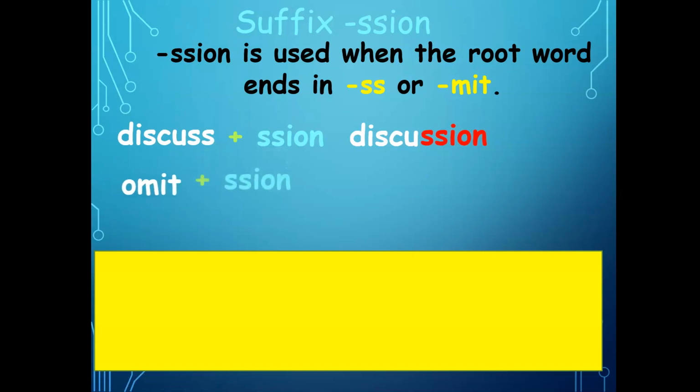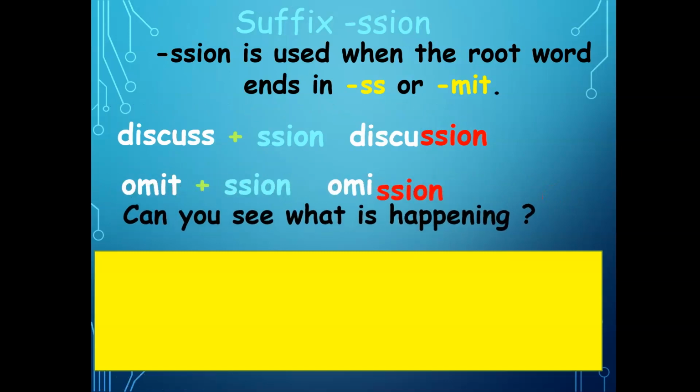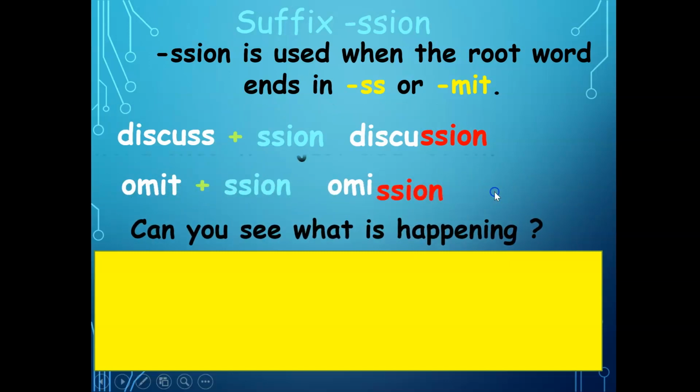And for example, when I'm talking about omit, if I want to add ssion, I need to drop the T. You can see that we have omitted T and then brought in ssion, and now it's a new word, omission. So what is happening here?